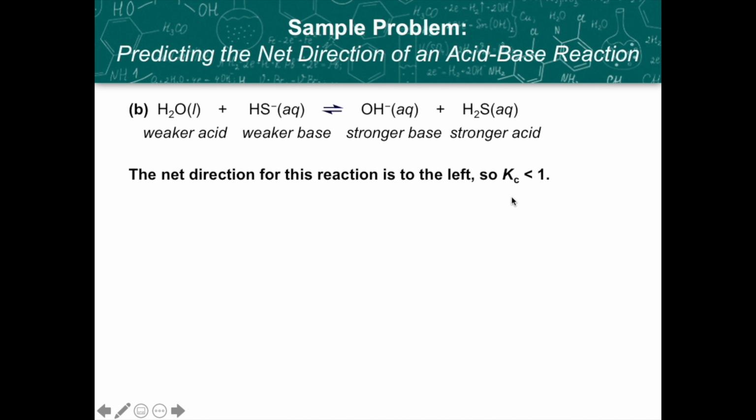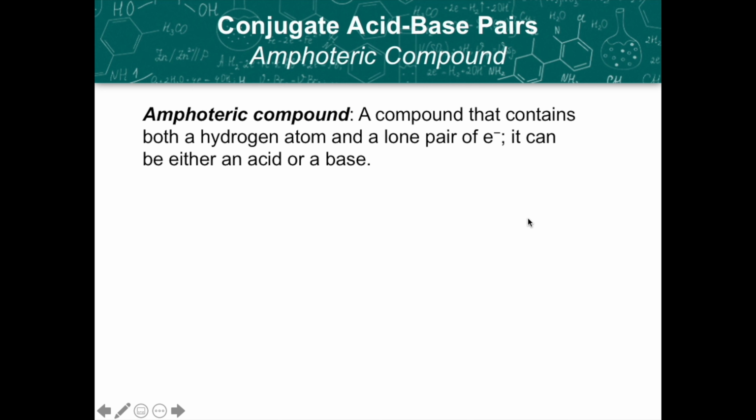In our previous example, you have seen that water can either be an acid or a base. When a substance like water serves as an acid or a base, we call that an amphoteric compound. An amphoteric compound contains both a hydrogen atom and a lone pair of electrons, and it can be either an acid or a base.